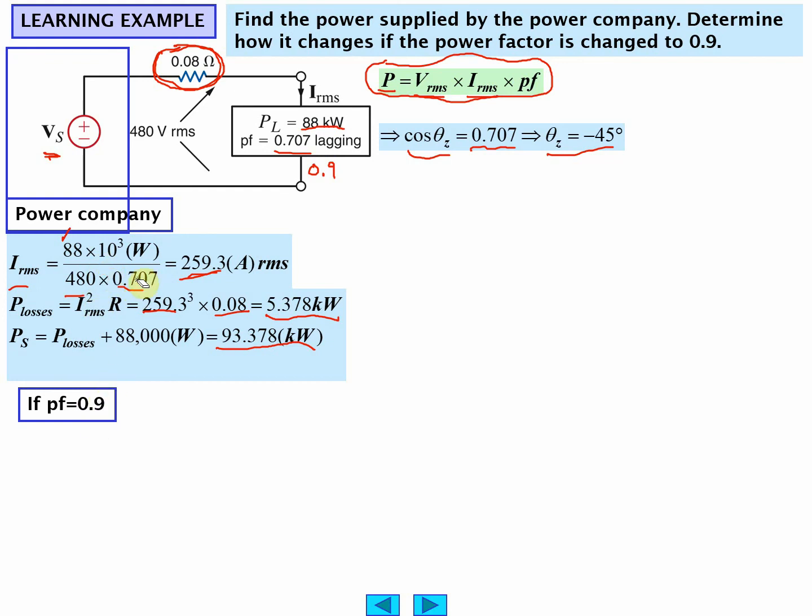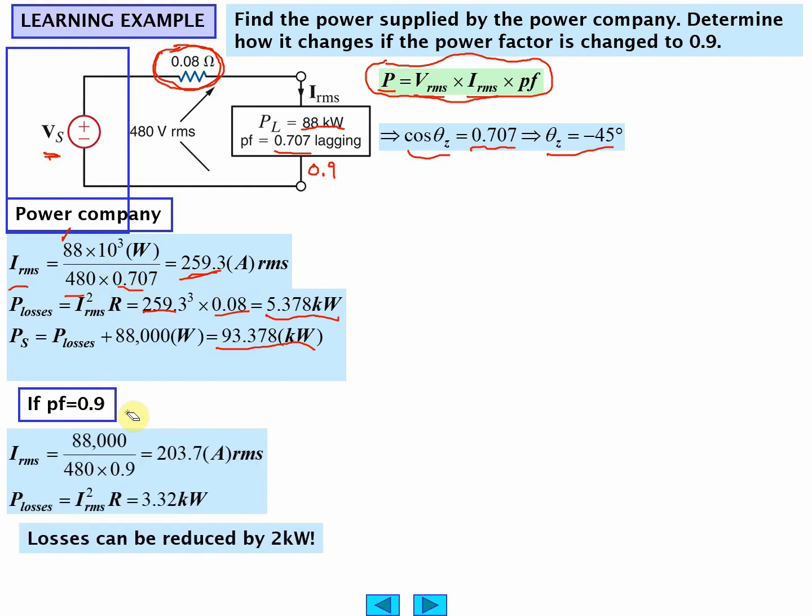And take a look at it again. So now you run at a lower current, quite a bit lower current. Instead of 260 amps, you got 204 amps. Losses are I squared R, again, same equation, much less loss. You can reduce the line loss. And power companies pay attention to this. They want to really cut those line losses.